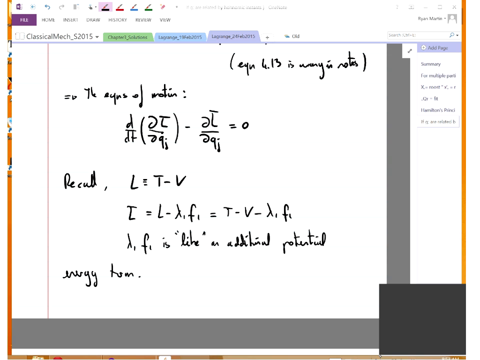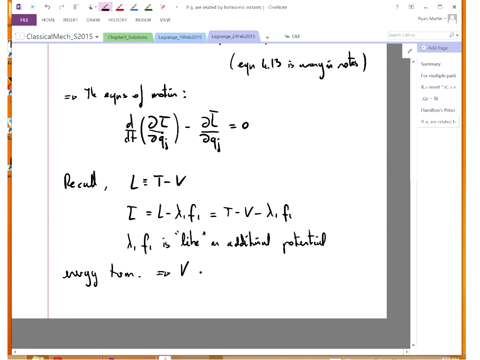We could say V1, let's say that that's lambda 1 F1. Then maybe ∂V1 by ∂Qj is a force.